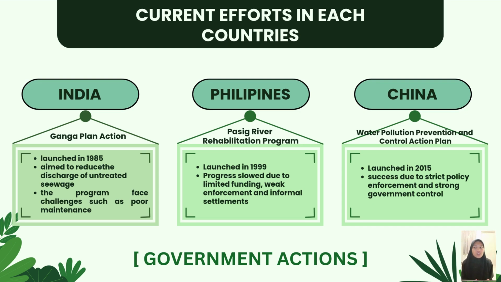Lastly, China also showed effort to protect their rivers by implementing the Water Pollution Prevention and Control Action Plan in 2015, also known as the Action Guide to the National Effort Against Water Pollution. This action plan outlines 10 major measures to improve water management and pollution control. The action plan includes upgrading the economic structure and controlling pollution discharge from industry.